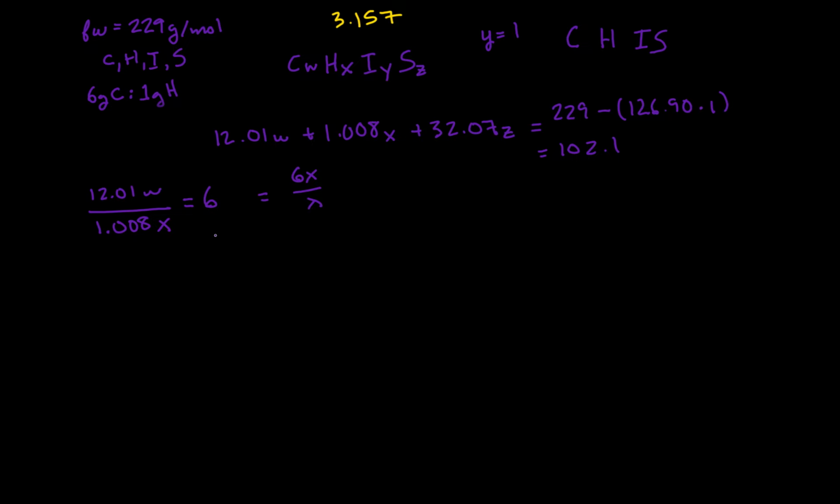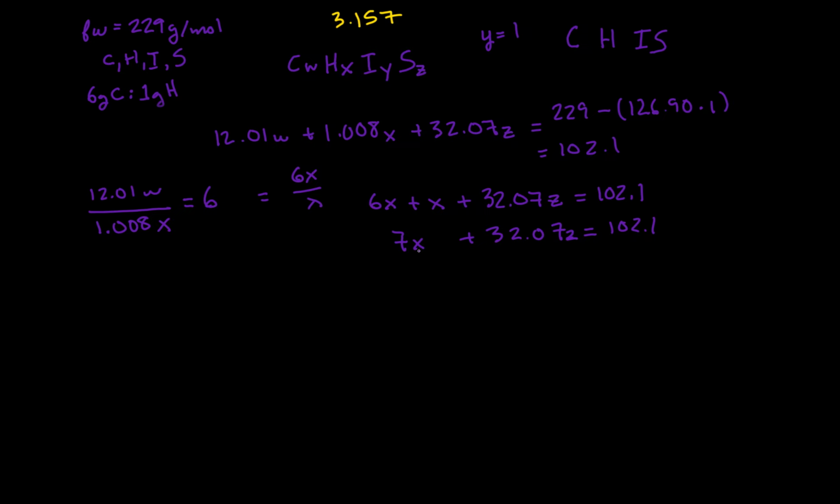So now our formula becomes 6x plus x plus 32.07z equals 102.1. And we can collect like terms here for 7x plus 32.07z equals 102.1. All right, so now we're ready to do another one.